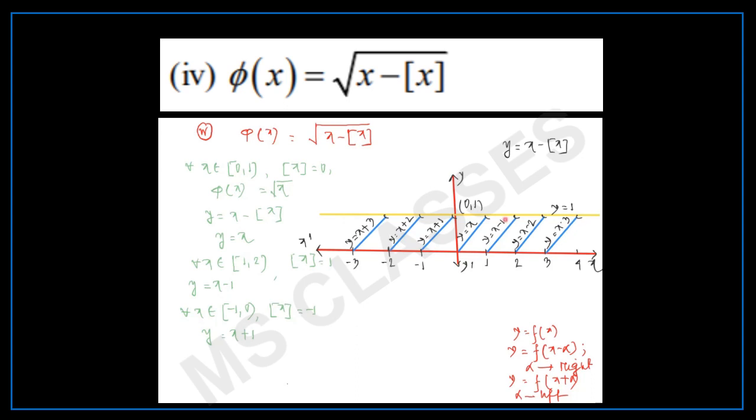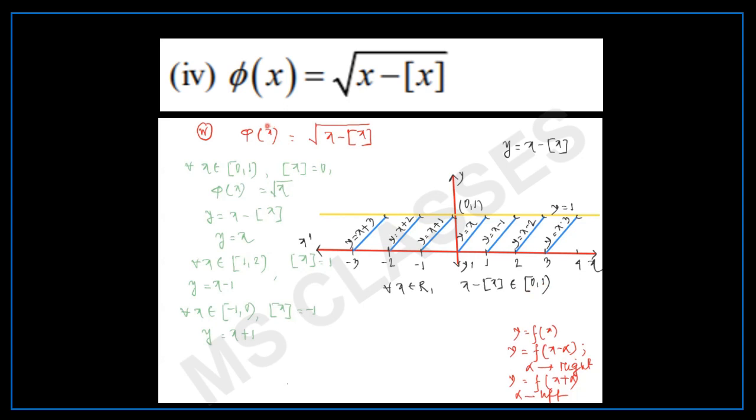So from this graph, what we understand is that whatever value of x we take, that is, whatever real number we take, the value of x minus box x is always lying in 0 comma 1. It is not touching 1, but touching 0. That is closed 0, open 1. Now in this interval, definitely this is defined.